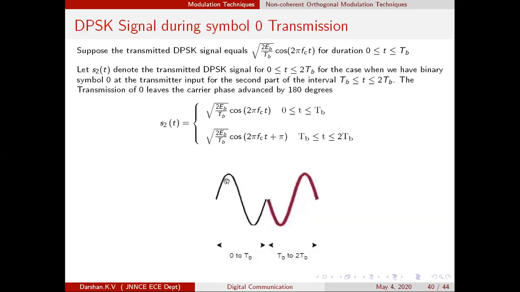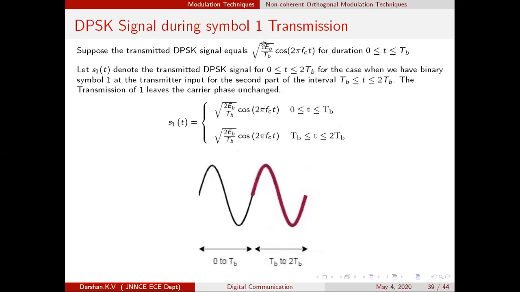So if you want to transmit symbol 0, this was the previous signal, and to this signal you apply a phase shift of 180 degrees. For symbol 1 transmission, if this was the carrier, you transmit again a carrier, but with 0 phase shift.